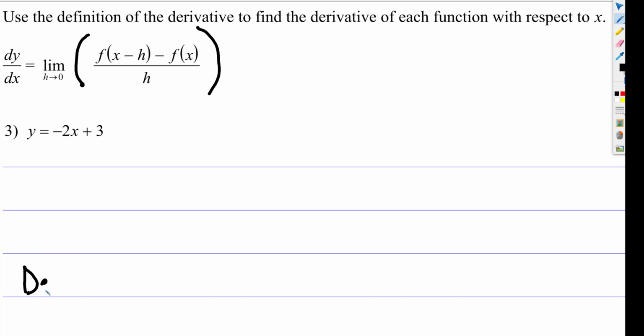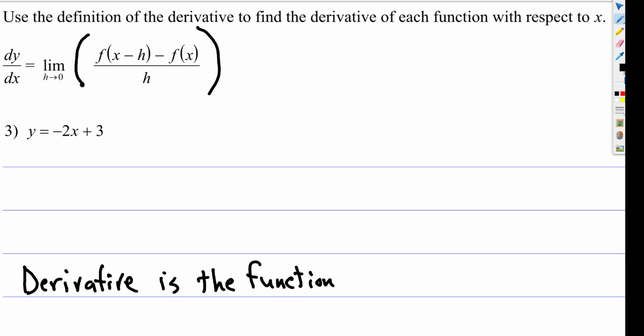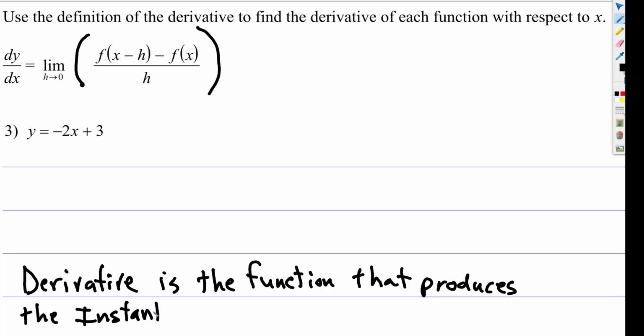The derivative is the function, which could be a constant, by the way, constant function, that produces the instantaneous rate of change.